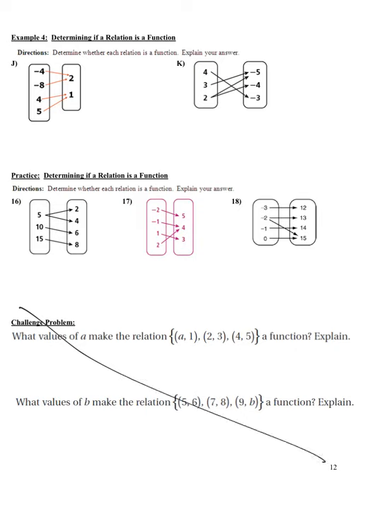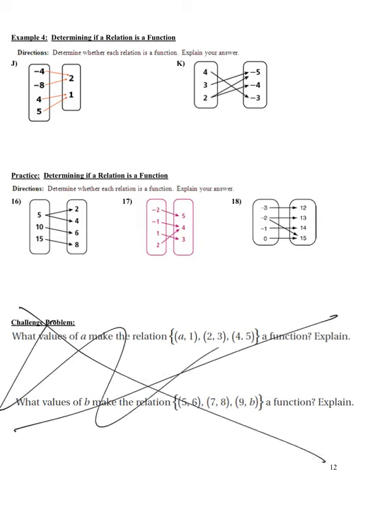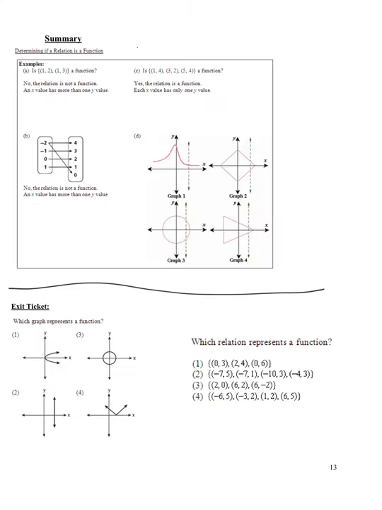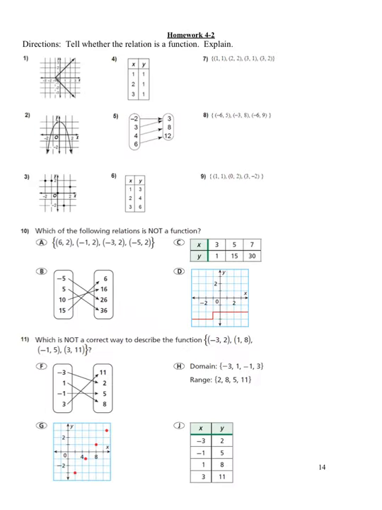Cross off this challenge problem. So basically at the top, you're telling me if it's a function or not. Basically, this whole page, you're telling me if they're functions. And then 10 is multiple choice. 11 is multiple choice.